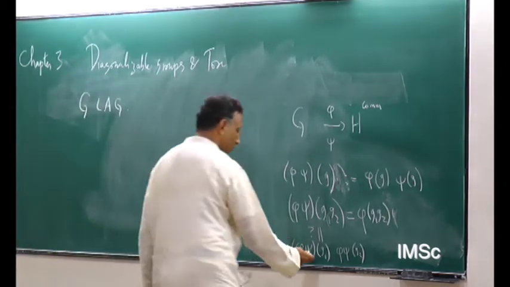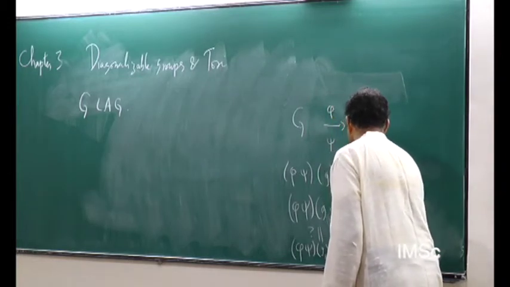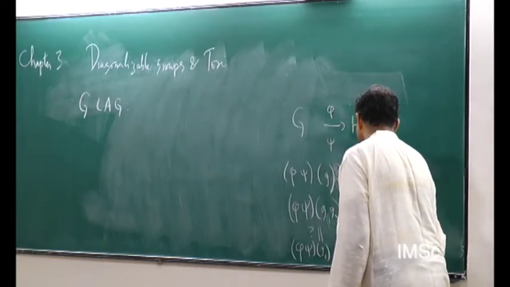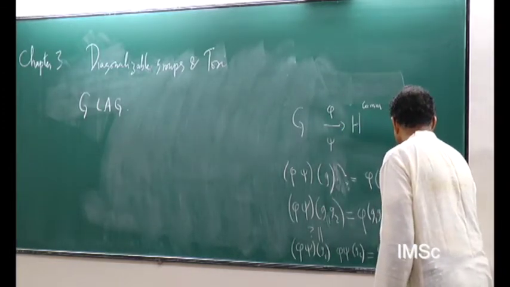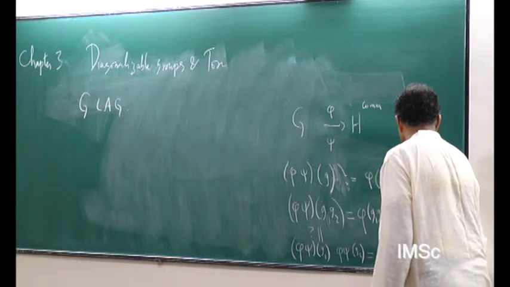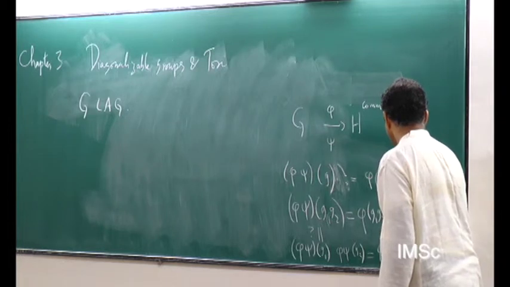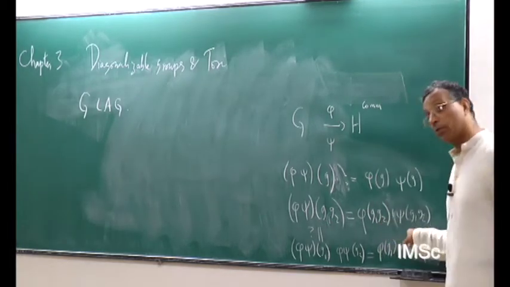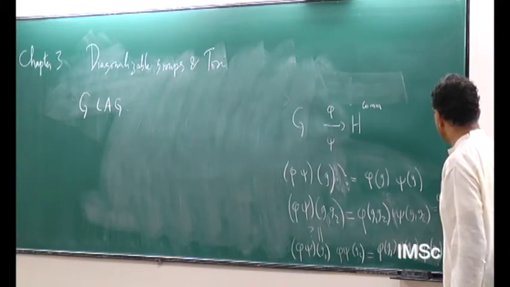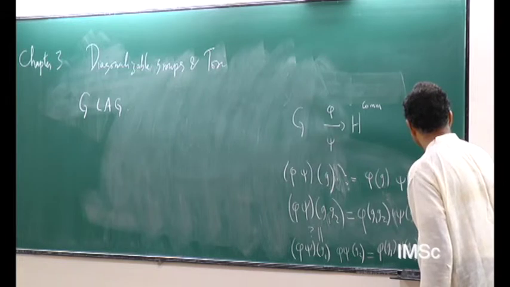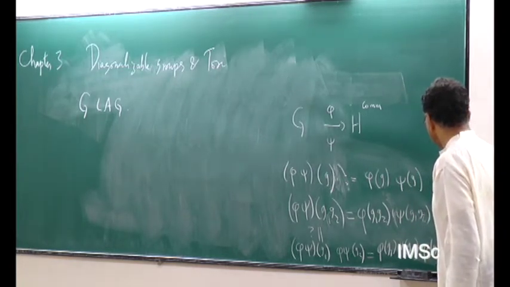On the one hand, by definition, it is phi g1 g2 psi g1 g2. These are homomorphisms, so I can expand that out: phi g1 phi g2 psi g1 psi g2.